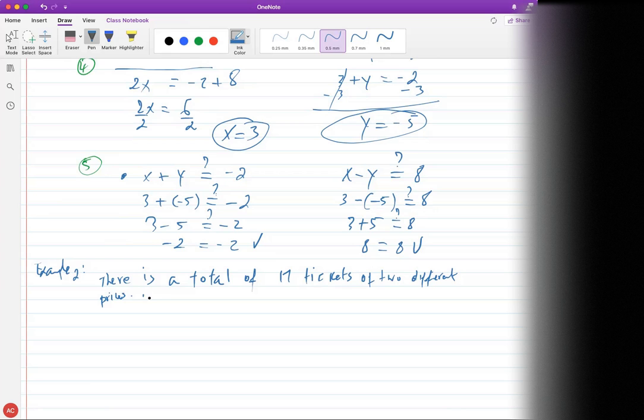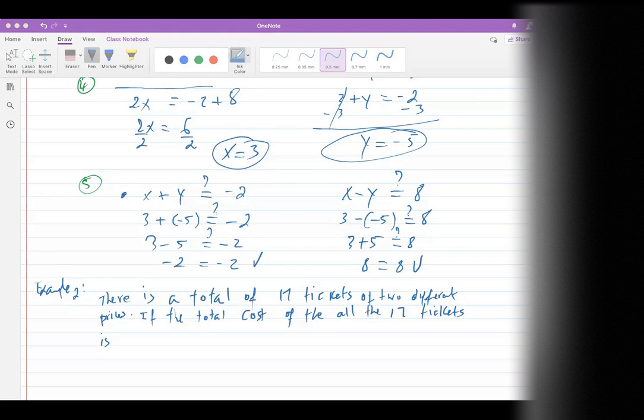Okay, so if the total cost, say, so we have 17 tickets, let me make up some prices.